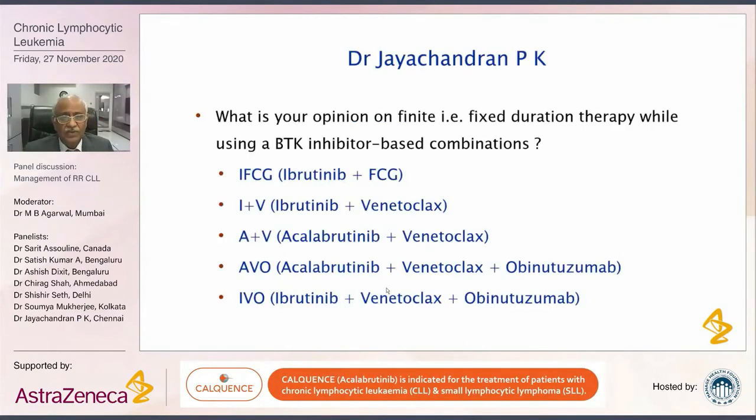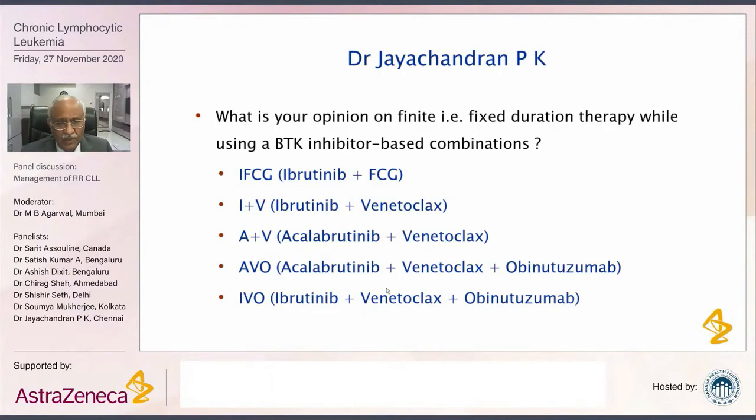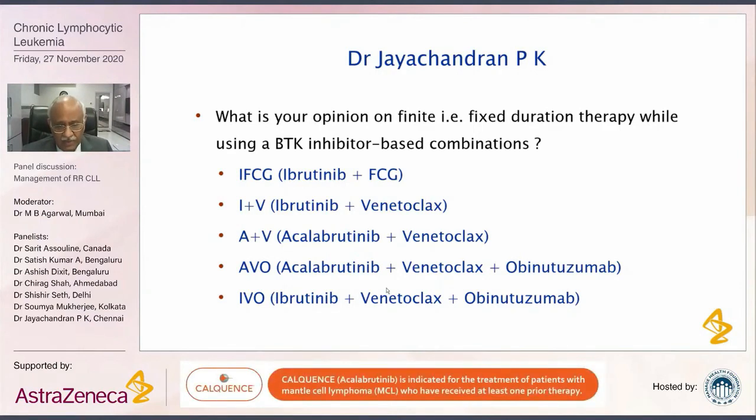We come to the last question to Dr. Jayachandran. What is your opinion on fixed duration therapy while using BTK inhibitor-based combinations? Lots of combinations have been put over here. I don't know how much of that data is already available to us, but anyway, your comments.